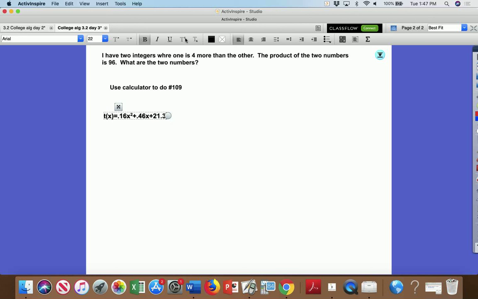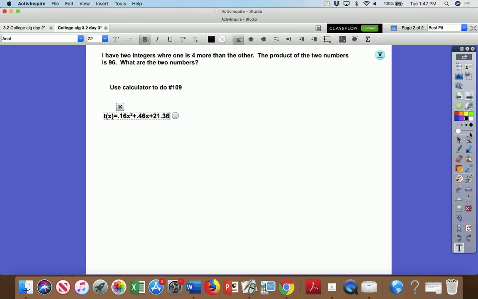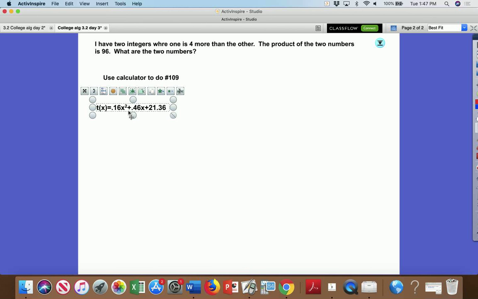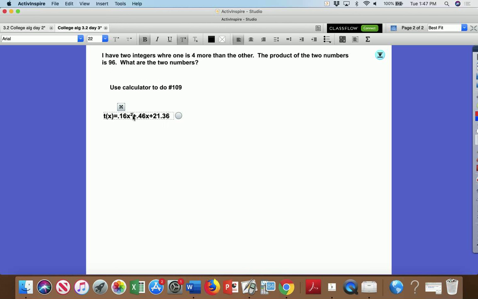Okay, so really in this problem, it really is important that you know your variables. So can anybody tell me what is T standing for? Channels, right? It's TV channels. Okay, and then what is X equal to? Years since 1985. Okay.